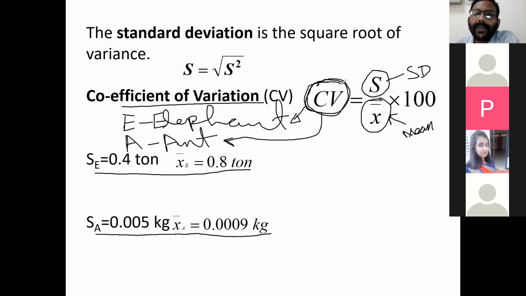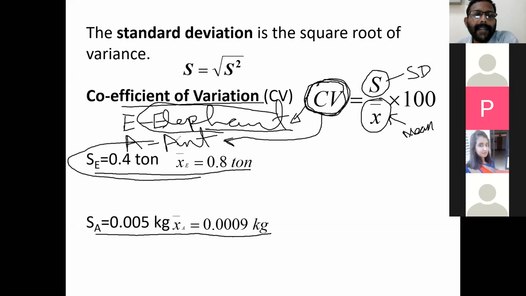Normally, if we ask that question, we might think that by looking at the elephant, because it is big enough, the coefficient of variation is high in the elephant compared to the ant. But we are going to do some calculation and see whether that statement is correct or wrong.